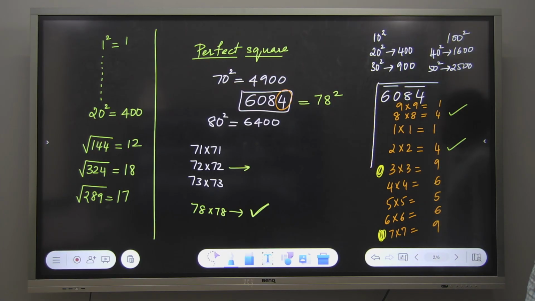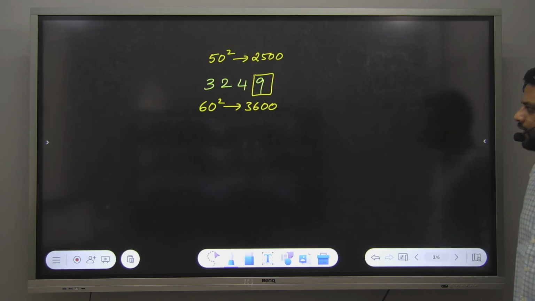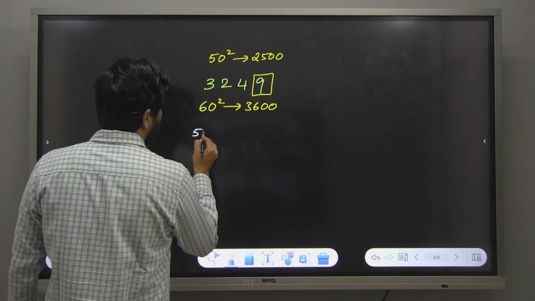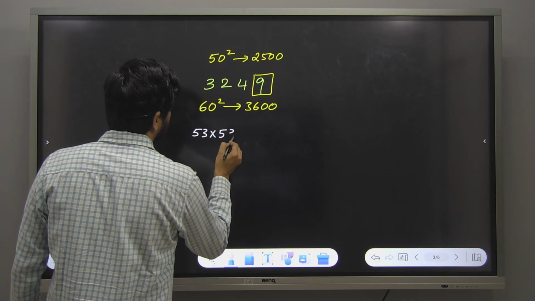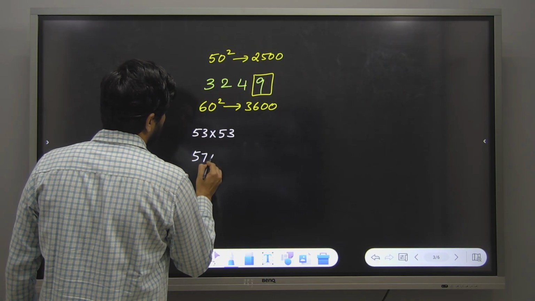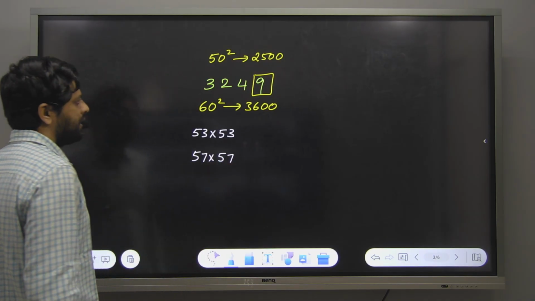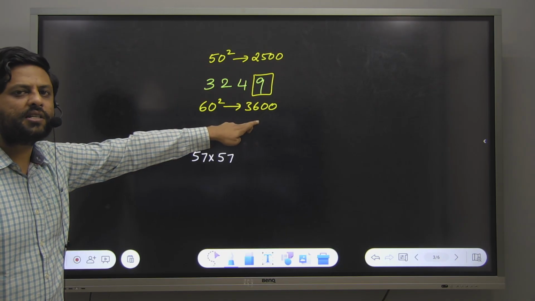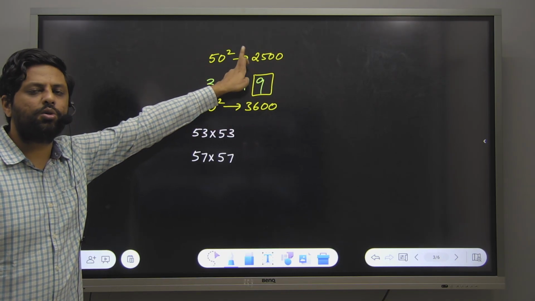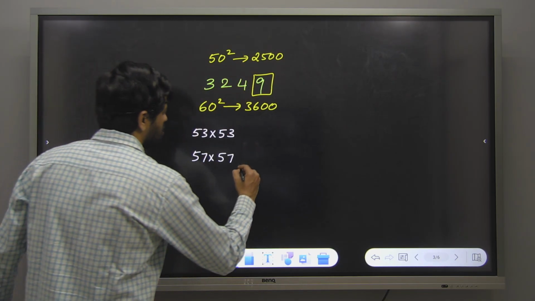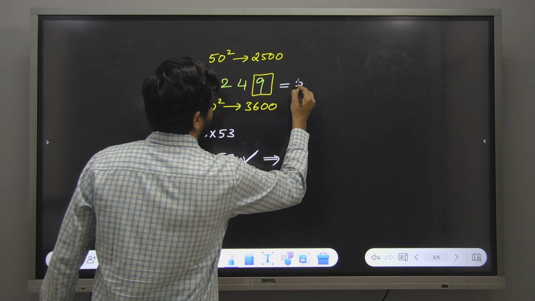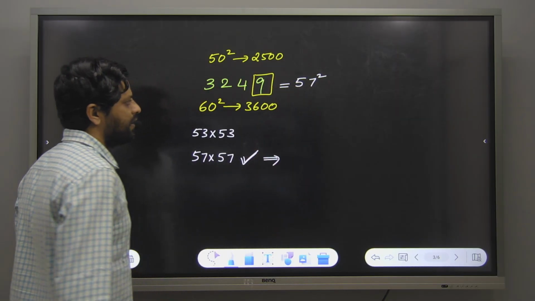So the answer should be either 53 into 53 or 57 into 57. If you see, the number is closer to 3,600, not closer to 2,500. So the answer should be 57. This is nothing but 57 square.